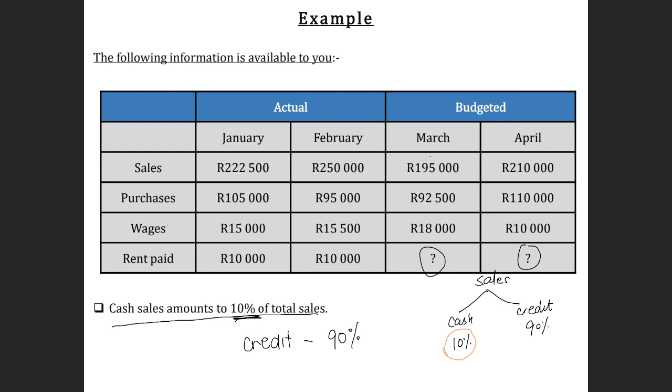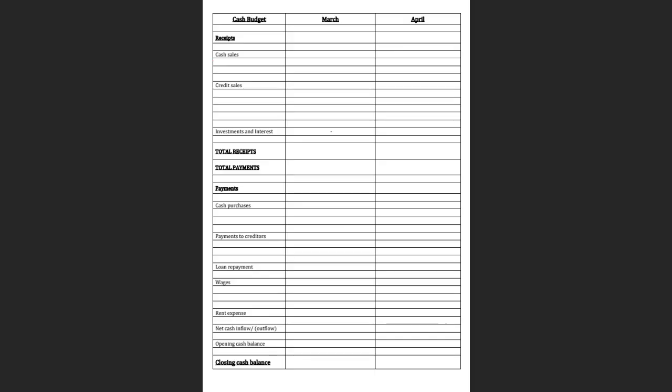So for the months of March and April, your total sales were 195,000 and 210,000. So you're going to go to your cash budget and you're going to work out 10% of these, show the working out and reflect these in the months of March and April, respectively. For the working out, I've also included blocks in the table for you to make it easier to see where your work is.